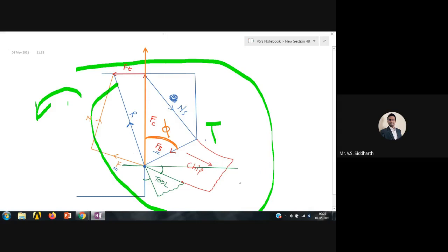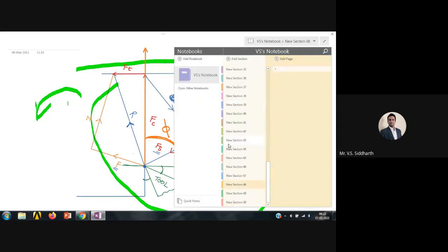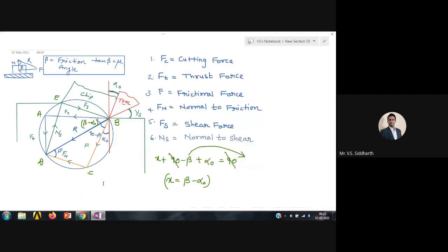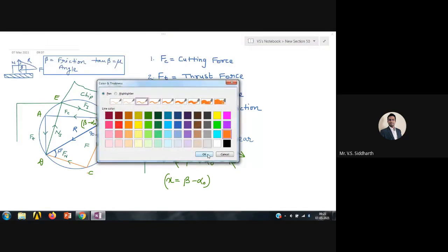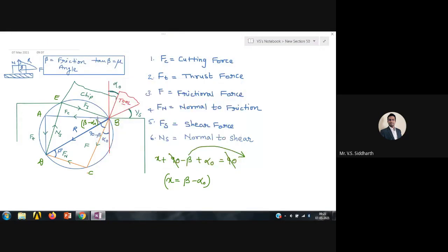In the same way, in our current diagram, if I want to show the shear plane, how can I show? Which angle will be the shear plane angle? This angle or this angle? It will be this angle.